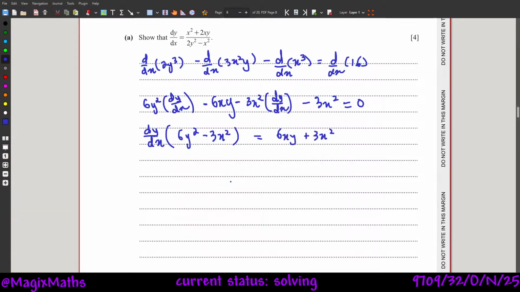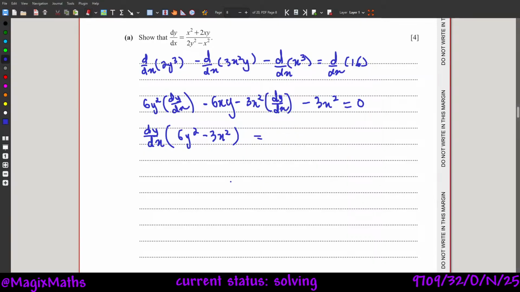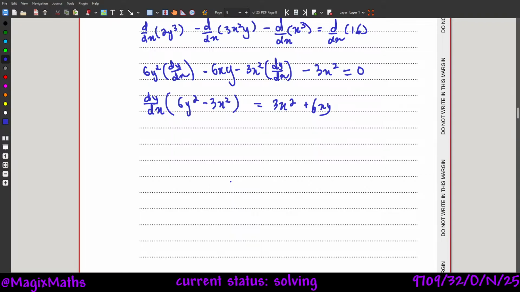Maybe rearrange this a little cleaner, having the higher degrees at the left side. And we can factorize 3.